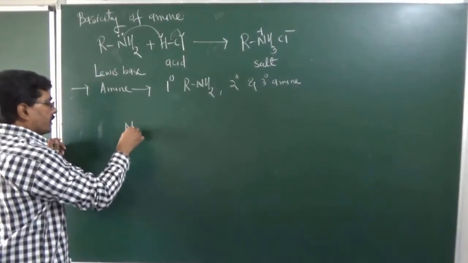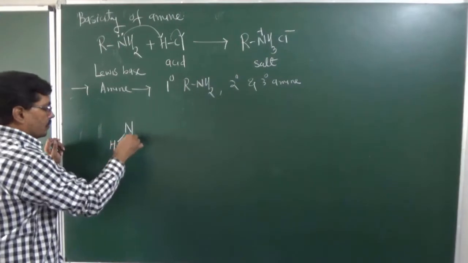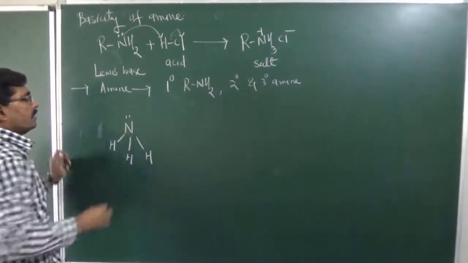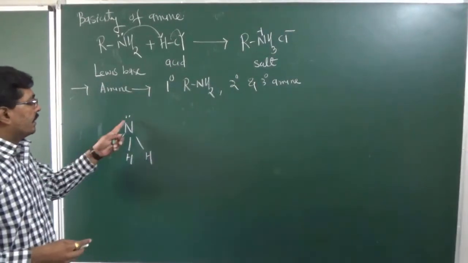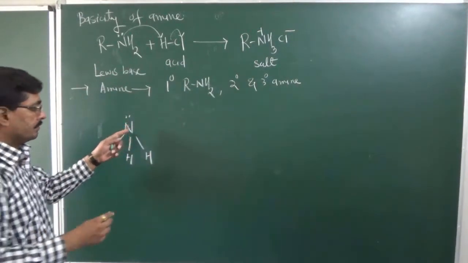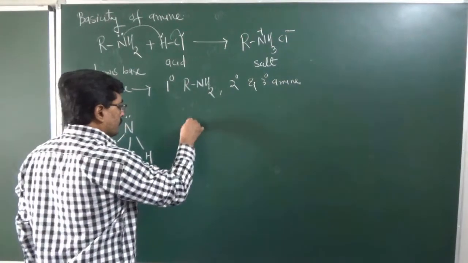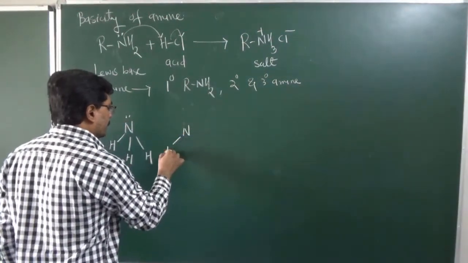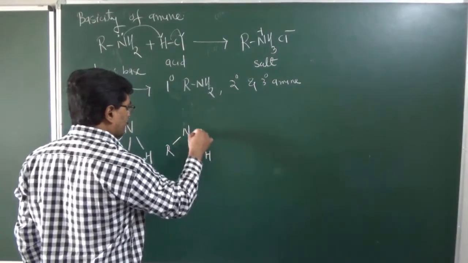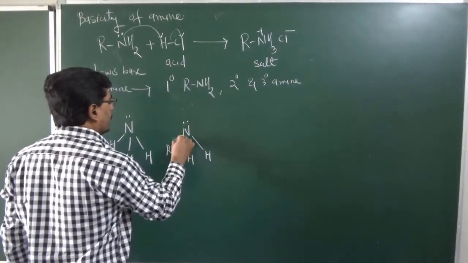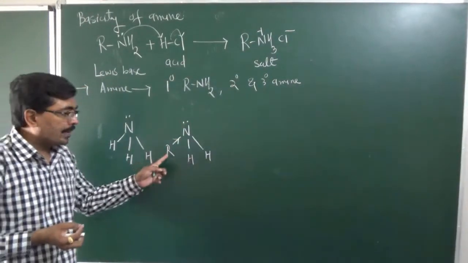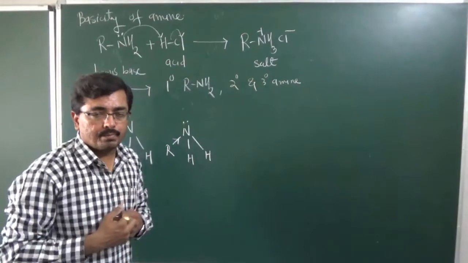Now it is observed that amines are more basic as compared to ammonia. Ammonia is basic in nature because it has a non-bonding electron pair. When an alkyl group attaches, a hydrogen atom is replaced by an alkyl group. The alkyl group is an electron donor group, having a tendency to donate electron pair.